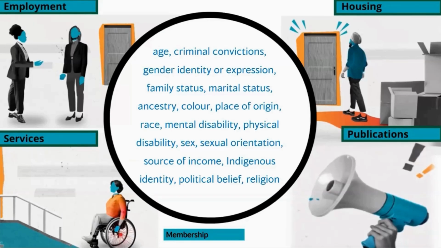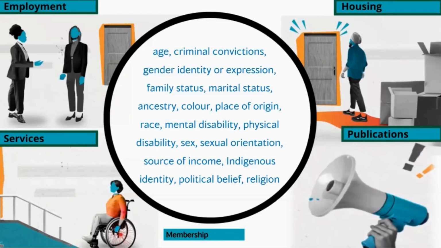Some examples here are discrimination based on age, sex, race, sexual orientation, or gender identity. Your handout contains information about the protected characteristics and the areas on this slide. It's important to note that some characteristics are only protected in certain areas, and we've included a table that discusses that in the handout package.